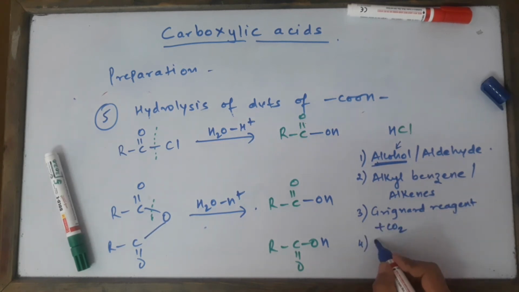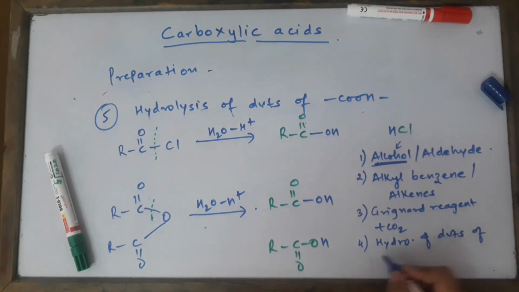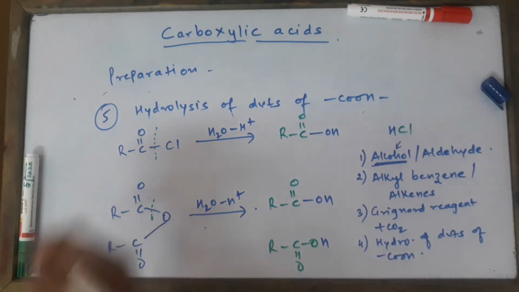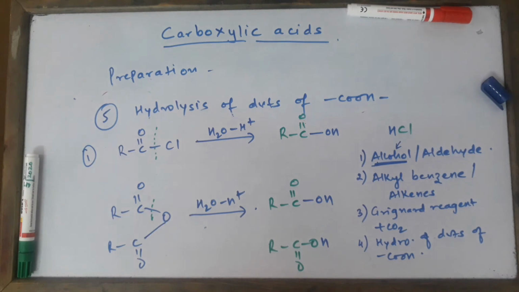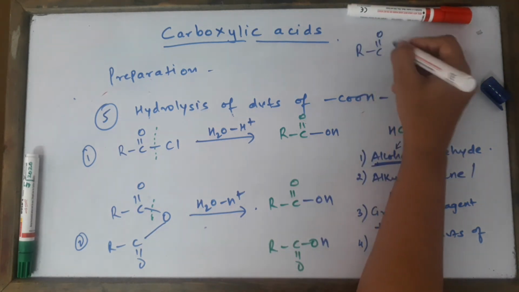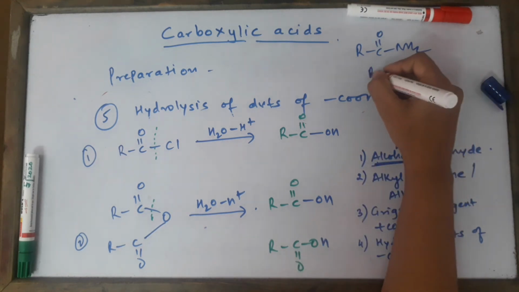And the fourth method was simply hydrolysis of the derivatives of carboxylic acids. And what are the derivatives of carboxylic acids? Number one, acid halides, number two, acid anhydrides, number three, amides, which I just now explained to you, and esters.